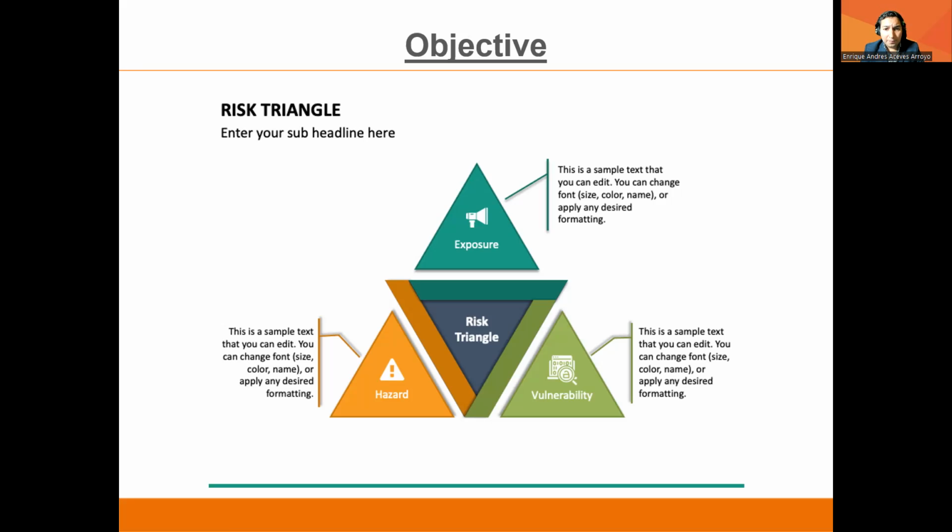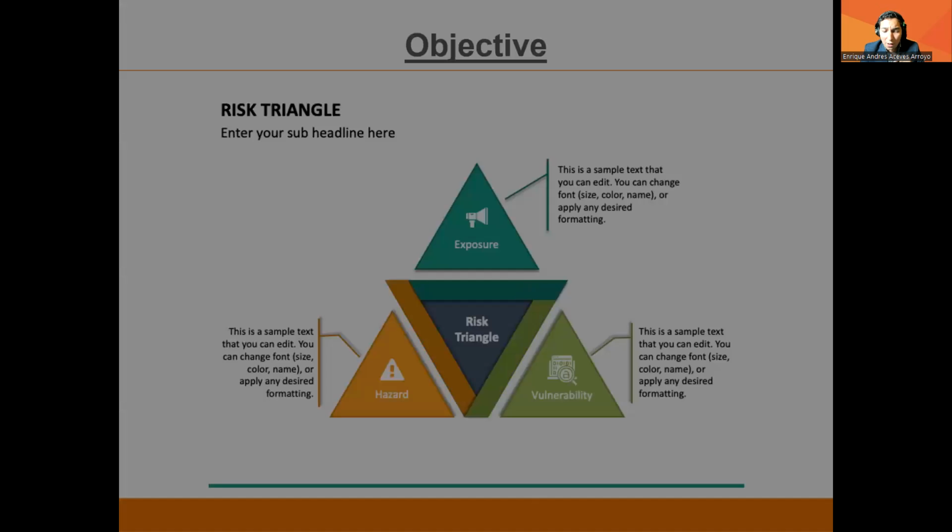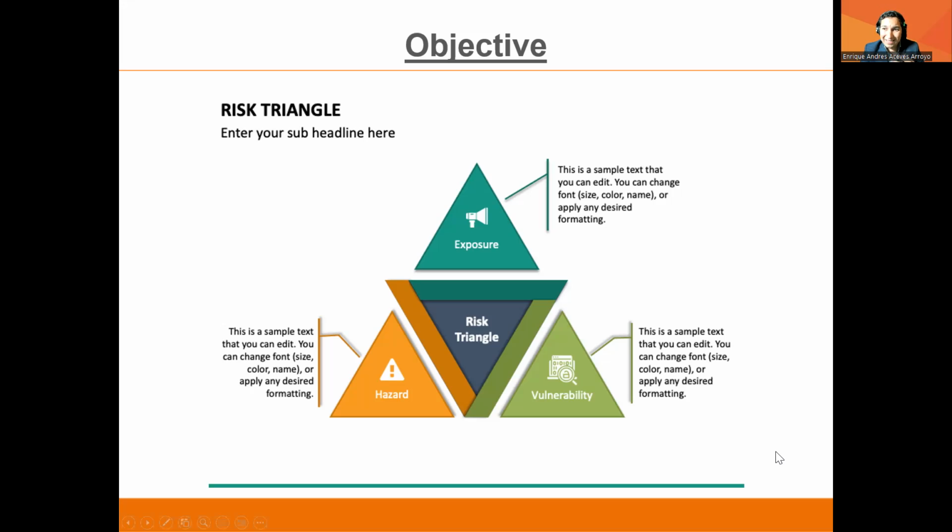So first of all, how would you identify the risk that you have as a business owner? Here we have something that the IAS, the internal auditing standards, have exposed as the risk triangle. The main purpose of the risk triangle is to show how you determine that you are in a position of risk.